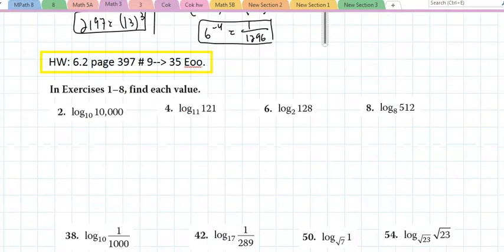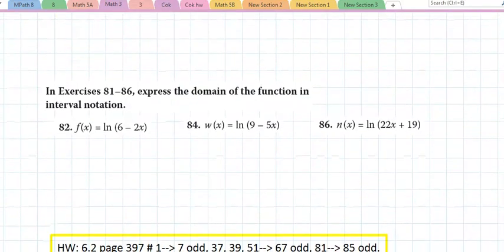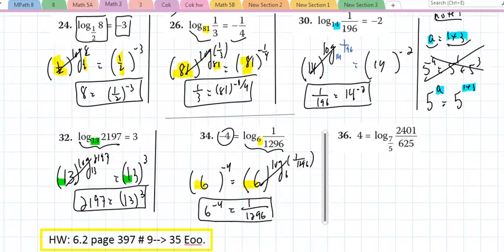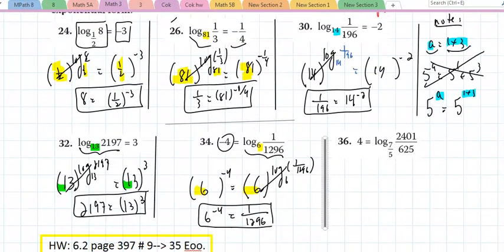And the same deal with the last problem. I look at the base of the log. The base of the log is right there. So I know how this is going to play. I'm going to make this a power as long as I make this a power to the same base.